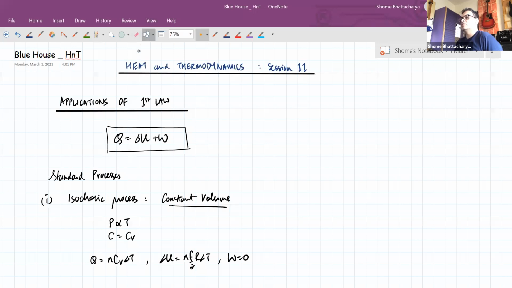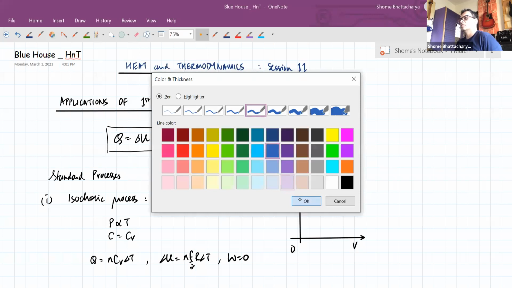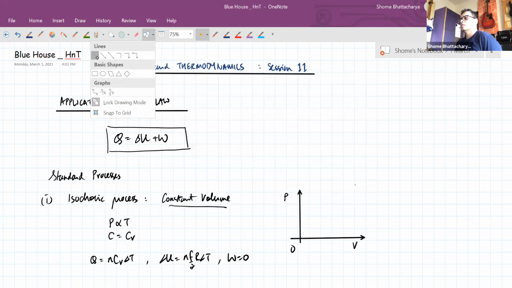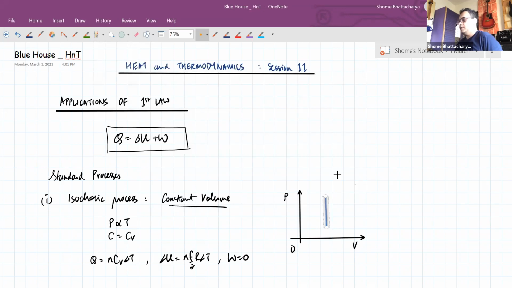And as far as the graph is concerned, we had seen that the PV graph looks like a vertical straight line. So depending on whether we are going from a lower pressure to a higher pressure, the temperature would be increasing or decreasing.